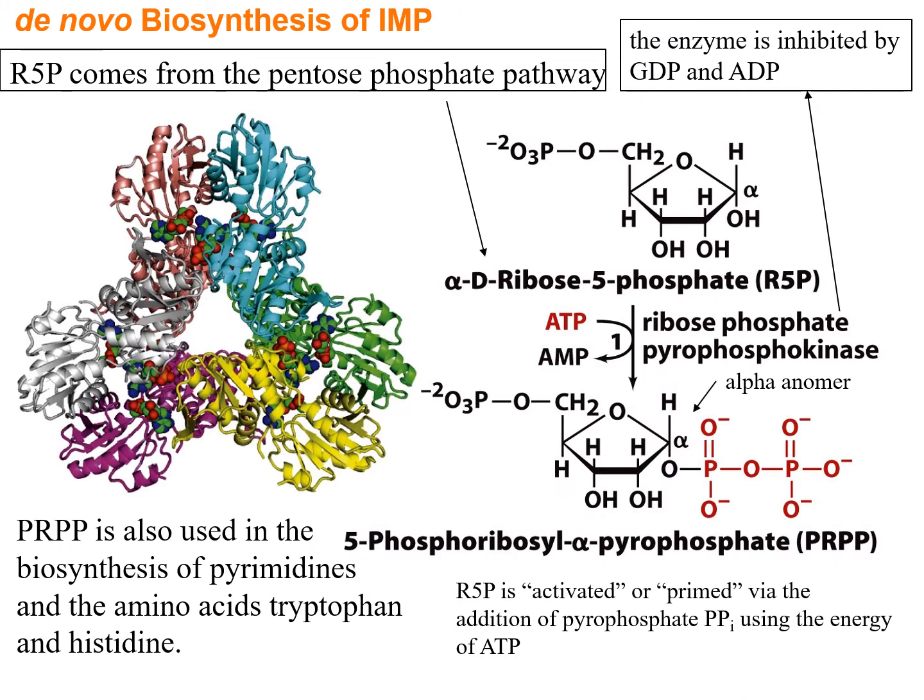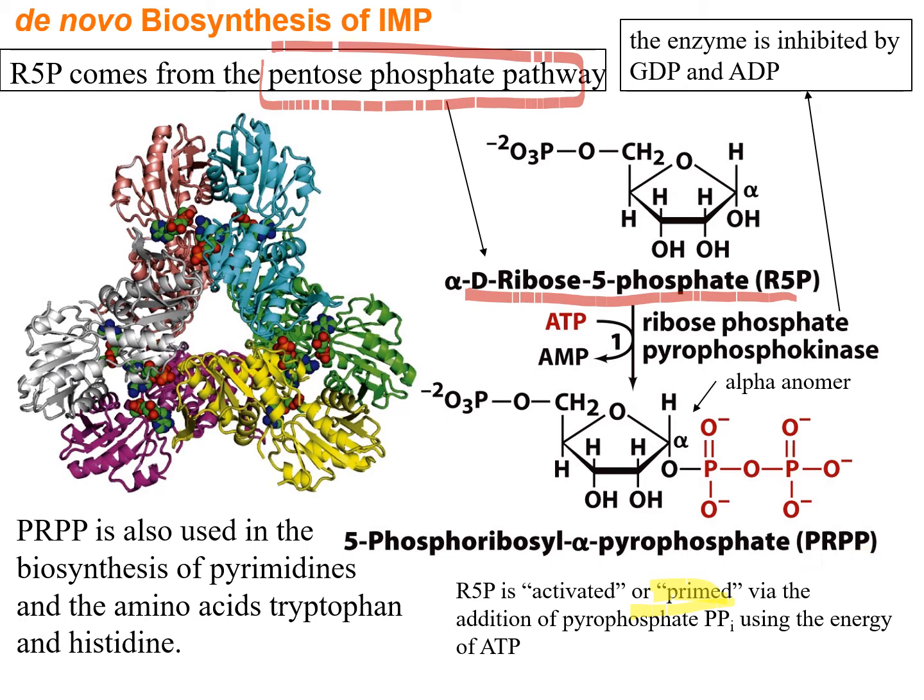So, as illustrated before in the previous slide, ribose 5-phosphate, ultimately coming from the pentose phosphate pathway, is utilized to generate this targeted, activated, or I should say primed molecule. And the primed molecule is PRPP, 5-phosphoribosyl alpha pyrophosphate.